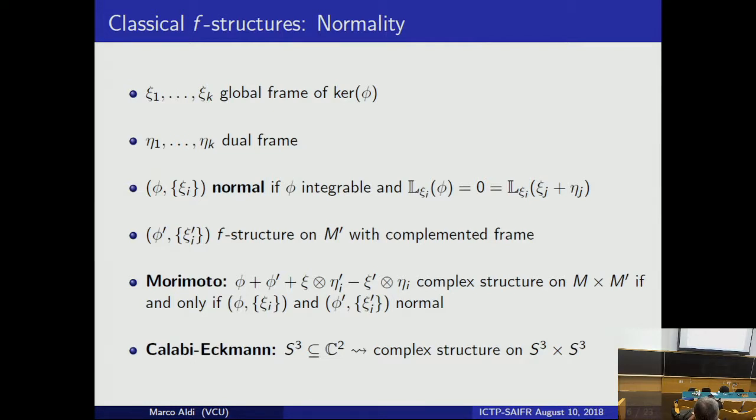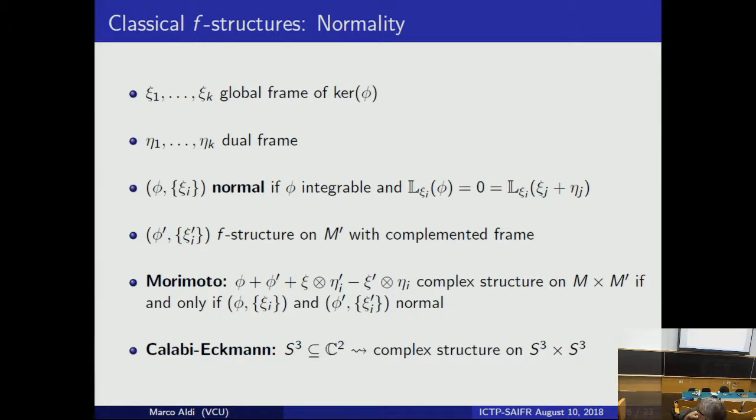And a priori that gives you only an almost complex structure, and the result is that this is an actual complex structure if and only if the data that you have on the two manifolds M and M prime are normal.